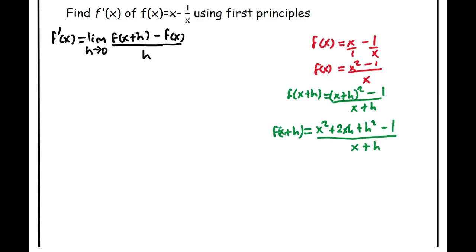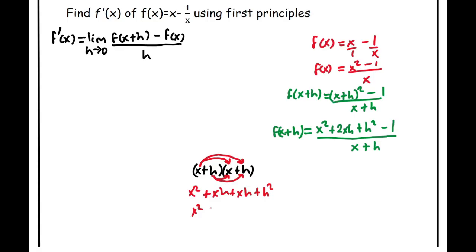Now, x plus h squared is the same as x plus h multiplied by x plus h. So by the FOIL method, x multiplied by x, that's x squared, x again multiplied by h, that's xh, h multiplied by x, xh, h again multiplied by h, that's h squared.